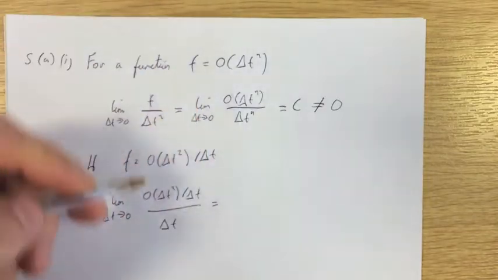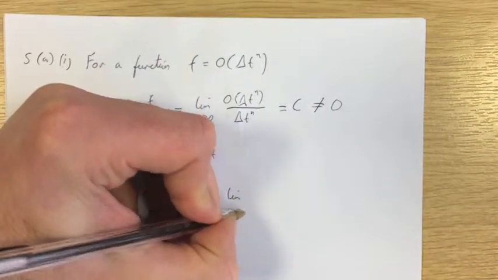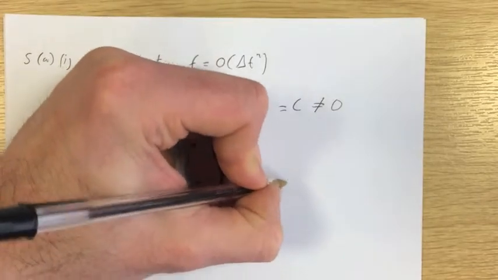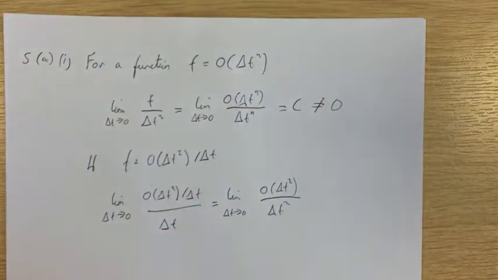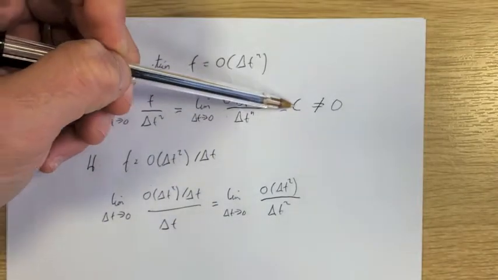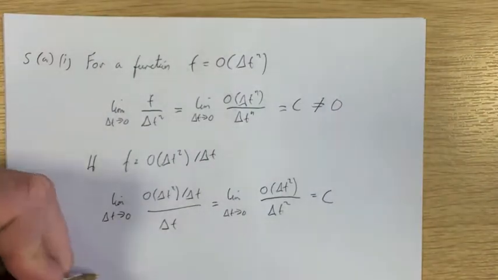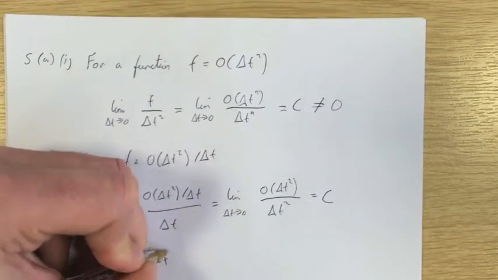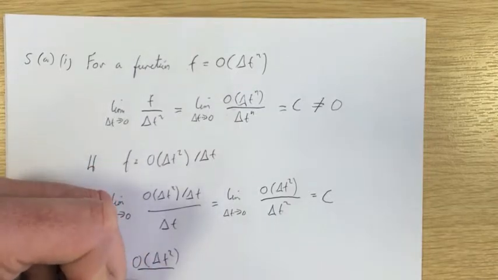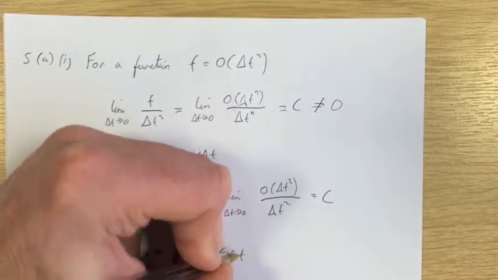If I tidy up the fraction a bit, you have delta t squared over delta t squared, and following from this, it is also going to be equal to c. Therefore, we can say that big O delta t squared over delta t is equal to big O delta t.